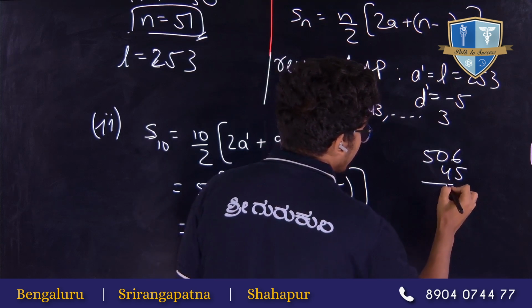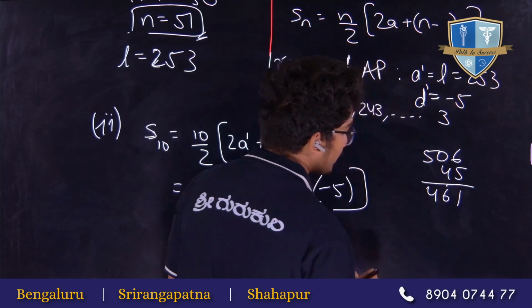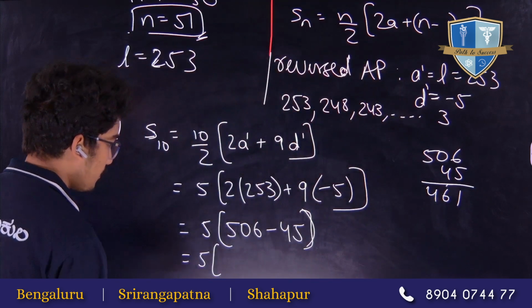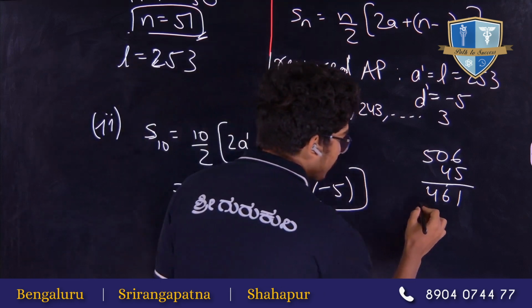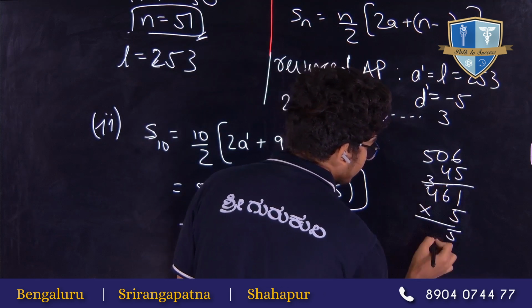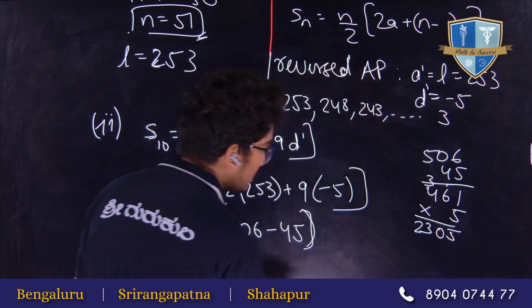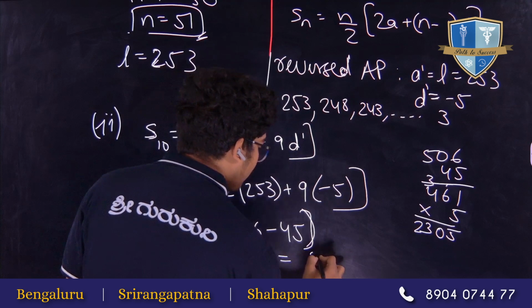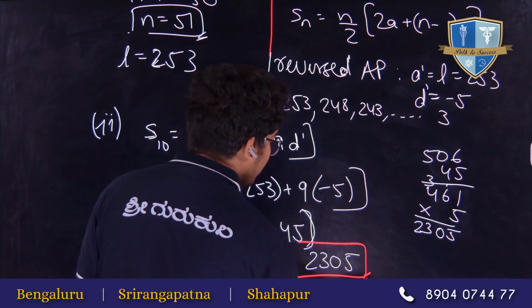We'll get 461, correct? So this will be 461 into 5. 5 ones are 5, 5 sixes are 30, 5 fours are 20 and 3 carried gives 23. So our final answer will be 2305, which is the sum of the last 10 terms.